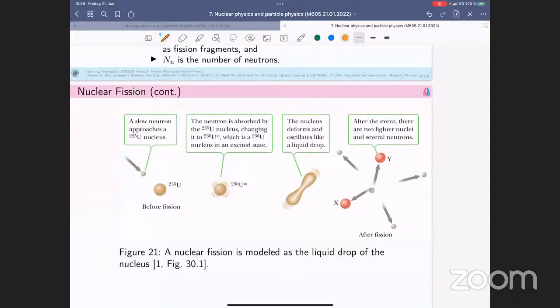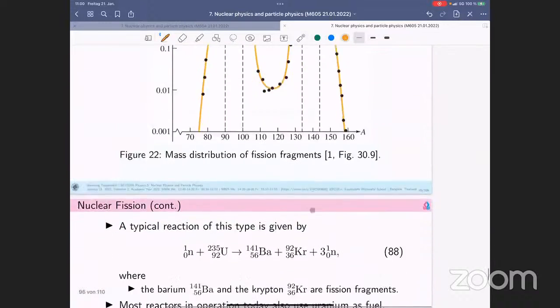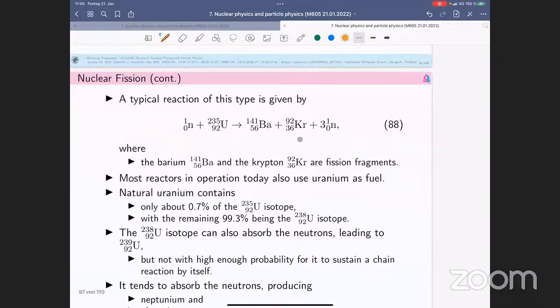And some neutrons will also emerge from the separation of this nucleus. Yeah, barium 141 and krypton 92 are the fission fragments. Not only three particles, we also get energy to these three components, right?